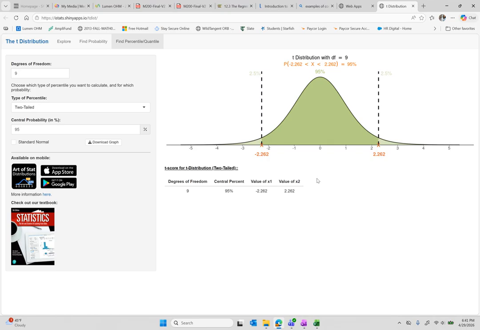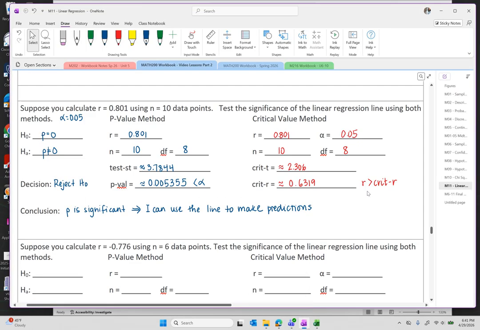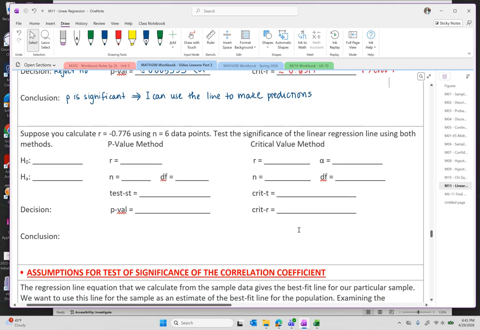When you find the critical r, it's the same thing. The critical area will be below negative 0.632 or above positive 0.632, and my r was above 0.632. Therefore, rho is significant. That's the linear correlation of the two variables in the population. There is a linear correlation, and therefore I can use the line to make predictions.